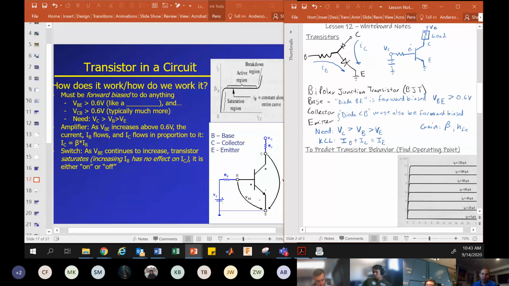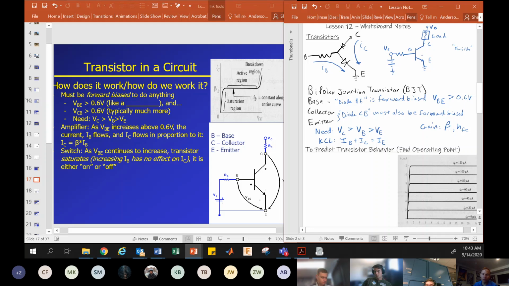The main thing we're going to use transistors for in this class especially is to turn things on and off. We're going to use it as a switch. So we have something we want to turn on and off. That's the load. This might be a motor. It might be a light, something like that. It's usually something that requires more current than your microcontroller can produce.